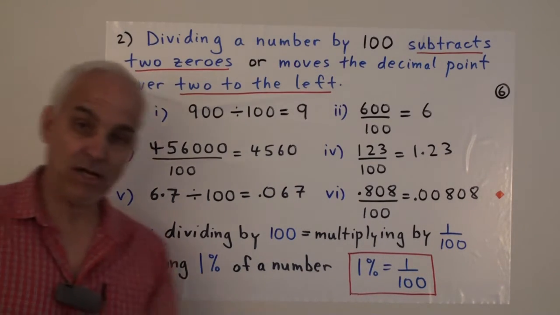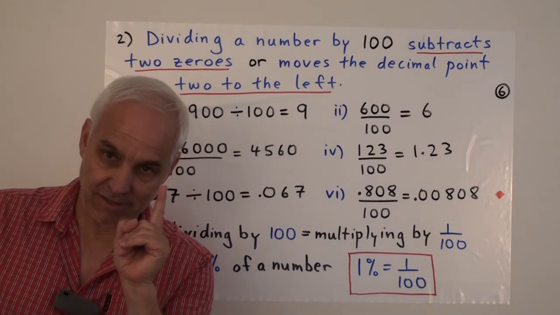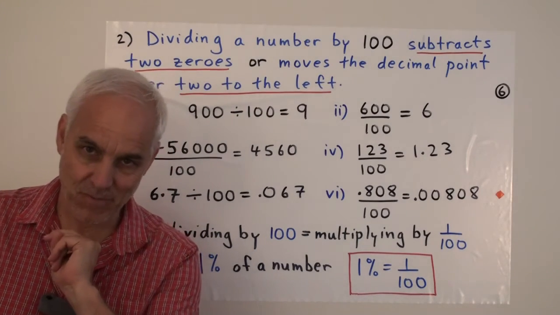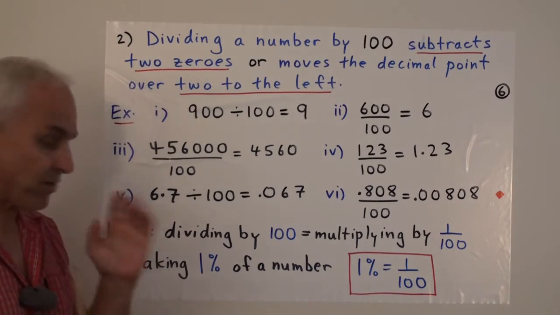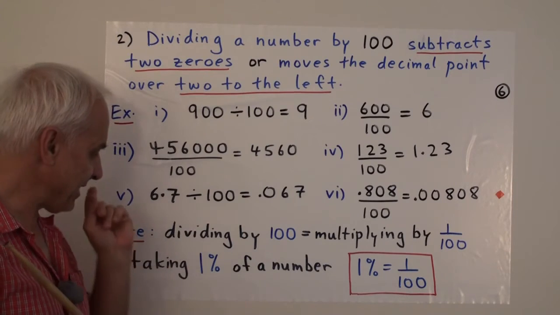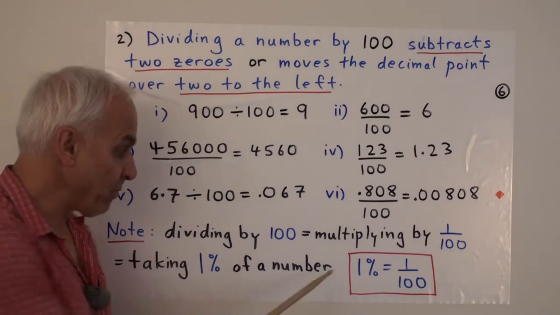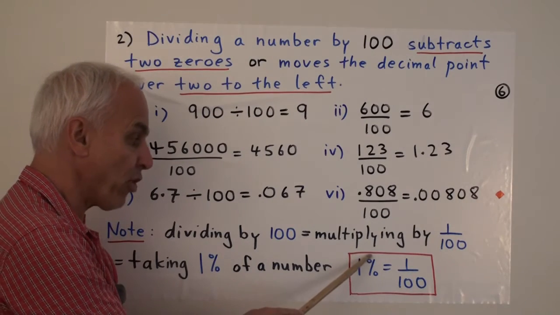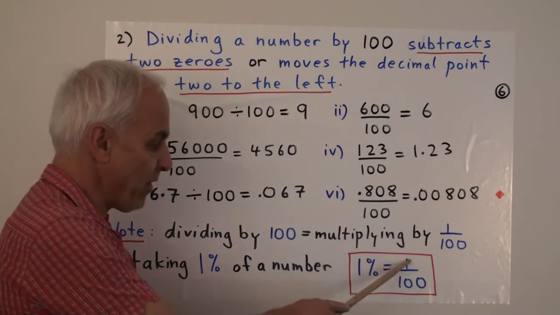And in terms of percentages, that's the same as taking 1% of a number. Dividing by 100 is actually quite an important thing, and that's why I'm doing it separately here, because it's the same as taking 1% of a number. 1% means 1 per cent, 1 per 100, 1 over 100.